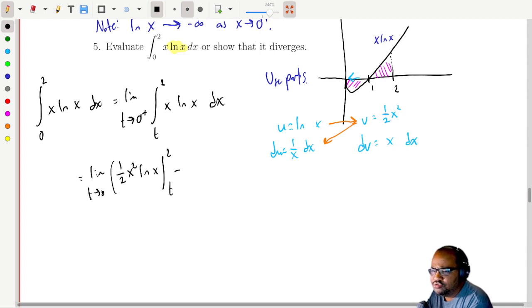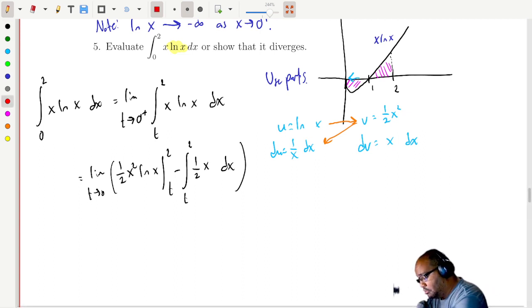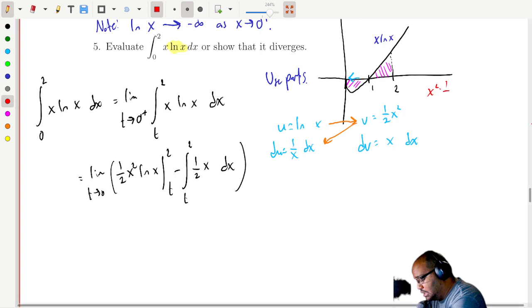Now, v times du, we have x squared times 1 over x there, which nets me an x. So we're going to have this integral from t to 2 of 1/2 x dx. Just take note that x squared times 1 over x is just x.